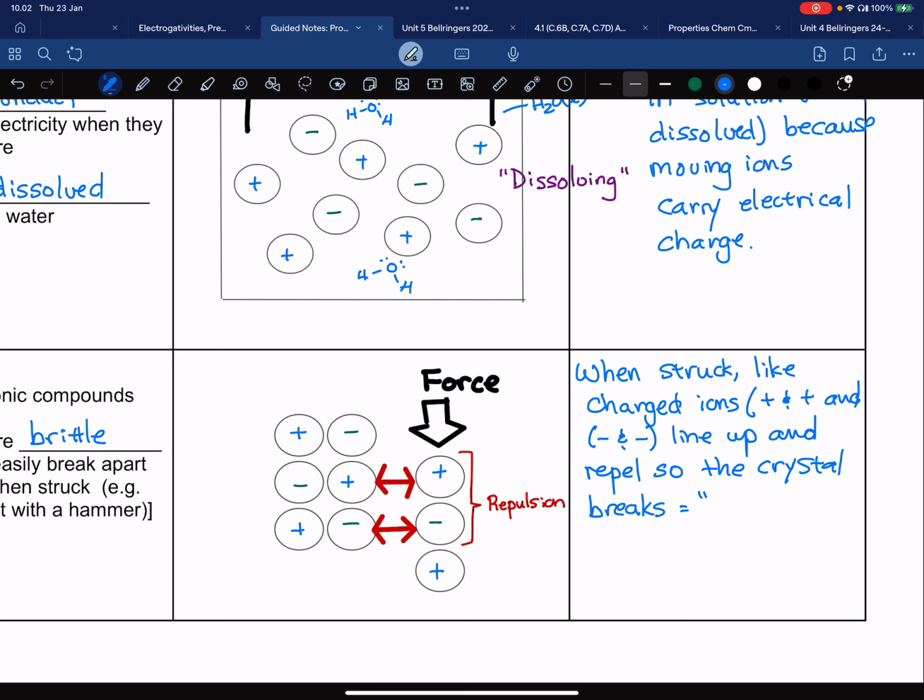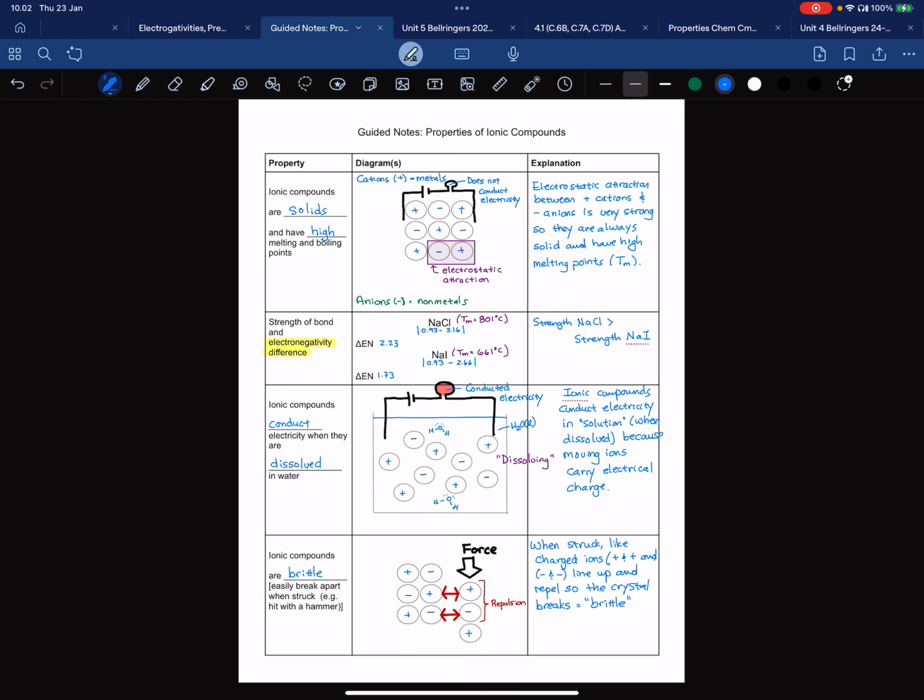And that is what we call being brittle. Breaks apart. And there you are. Those are your properties of ionic compounds.